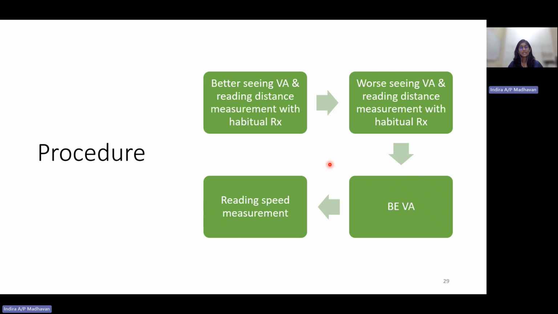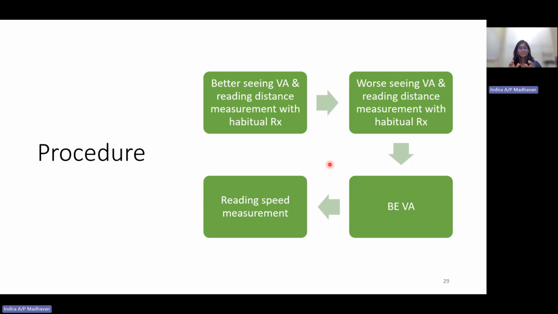Once they have closed their eyes, give the reading chart to them and make sure they don't open their eyes yet. Then ask them to hold it at their habitual reading distance. When they close their eyes, they will be able to estimate that, okay, usually I read at this distance. Once they have indicated their reading distance, measure it.